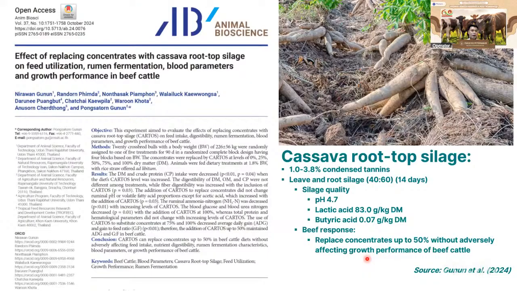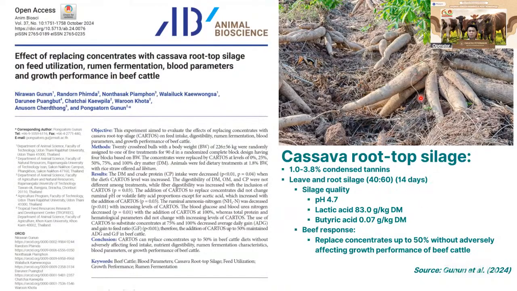And in an earlier publication in Animal Bioscience, our colleagues tried making silage using a combination of leaf and root. Those products contain tannin of about 1 to 4%.